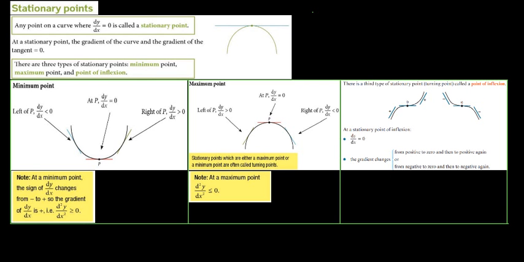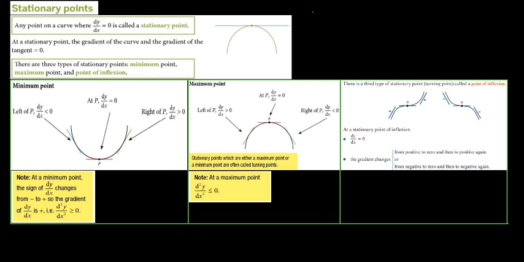Now, if you consider the maximum point, dy by dx changes from positive to negative, and so the gradient of dy by dx, that is d squared y by dx squared, is less than or equal to 0. This is for the maximum point.